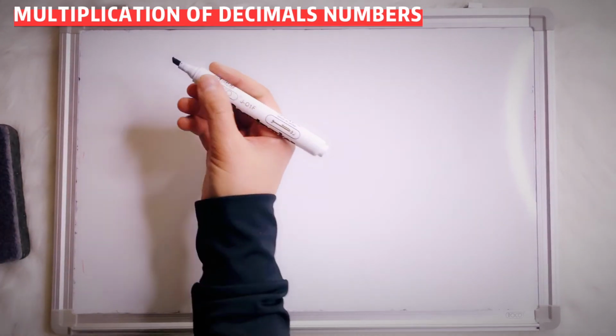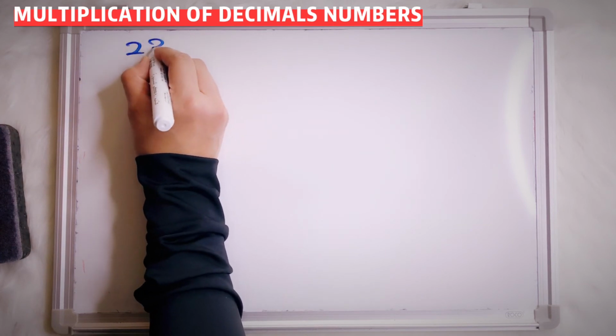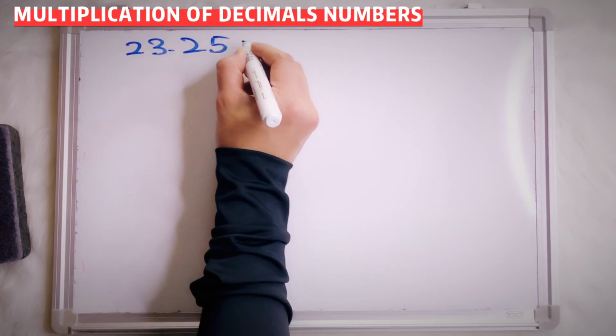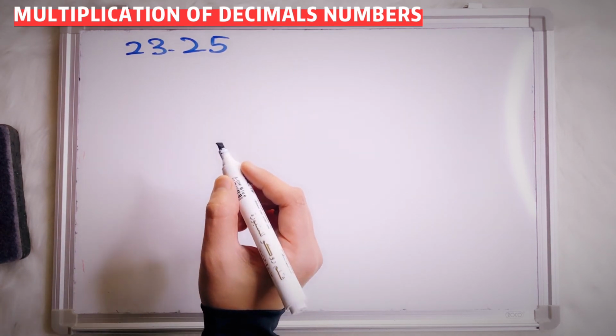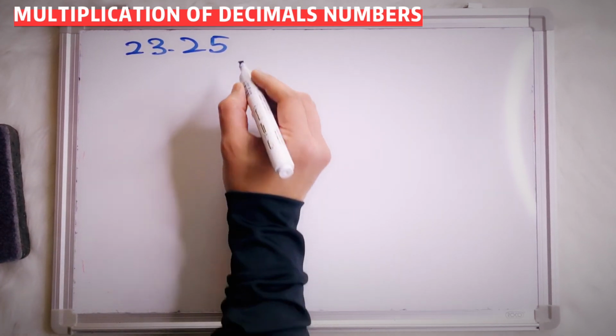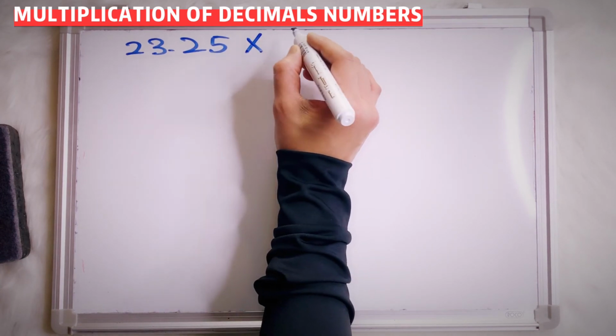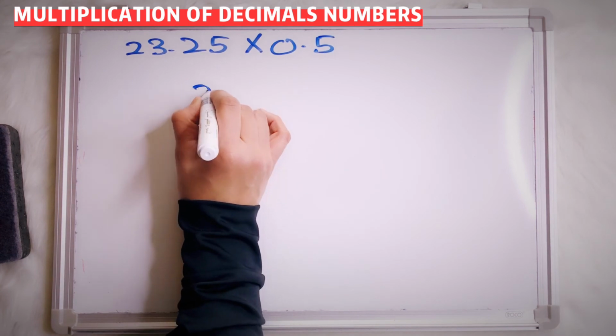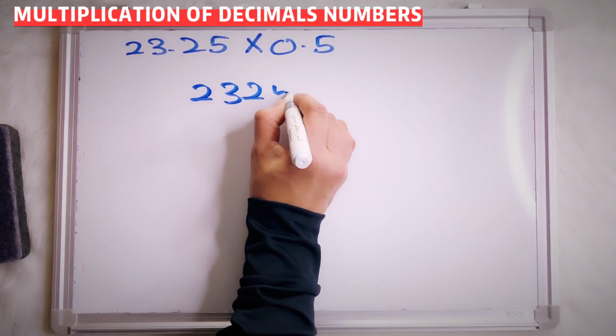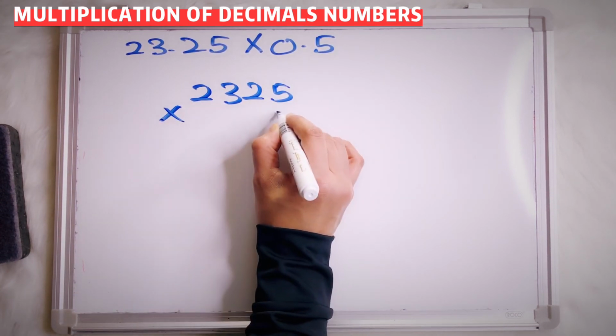Let's say 23.25 you multiply with 0.5. Now 2325, you multiply with 5 only.